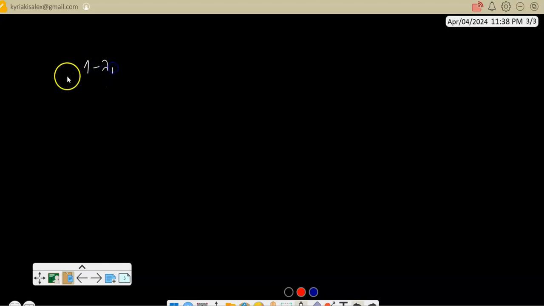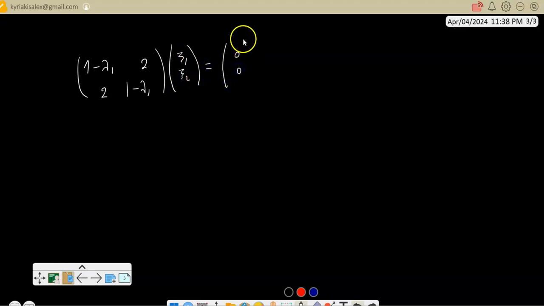Let's take first the eigenvalue lambda 1. I need to solve this linear system of equations. Lambda 1 was 3, the first eigenvalue.